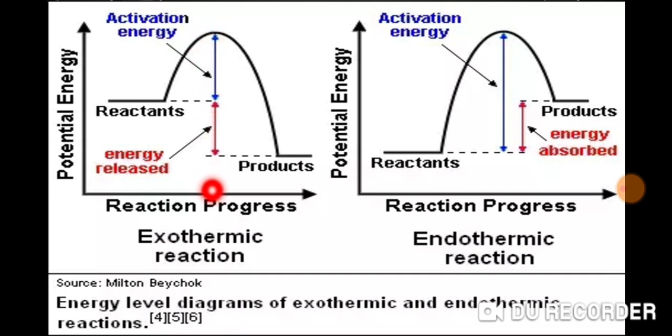Here you are viewing, whereas in an endothermic reaction activation energy takes place in the middle part, when the amount of heat on the reactant side is maximum. This is the point where the activation energy is up to that limit that kicks off a chemical reaction in endothermic reactions.